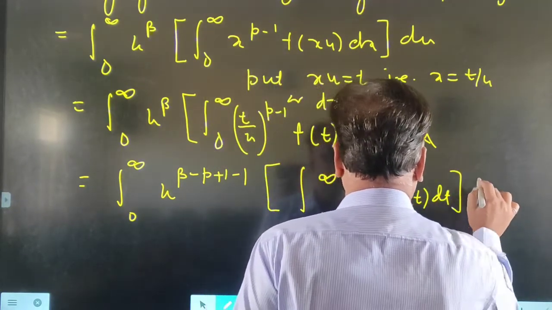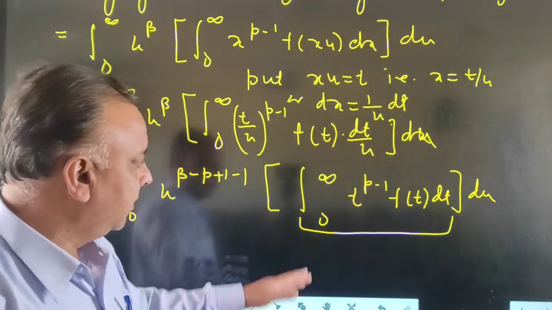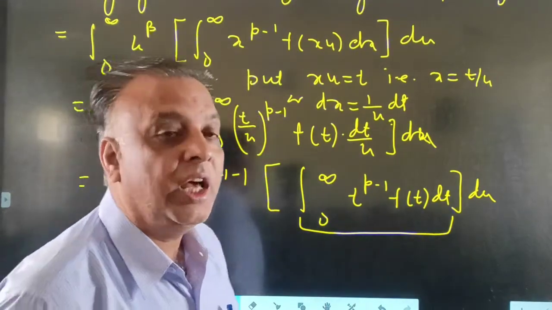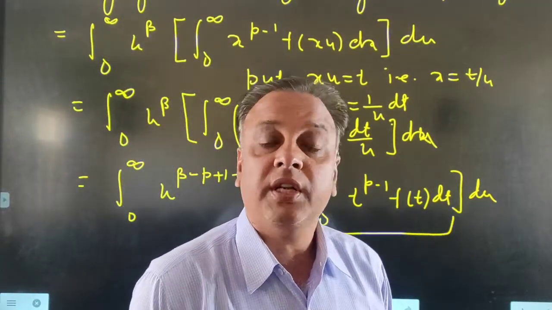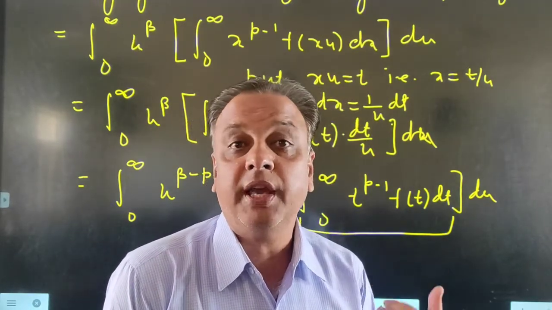As we know, by the definition of the Mellin transform, integral 0 to infinity t raised to p minus 1 f(t) dt is nothing but the Mellin transform of the function f(x), and we have taken the Mellin transform of the function f(x) as F(p).